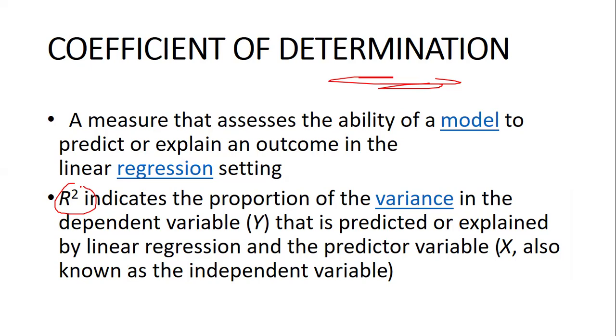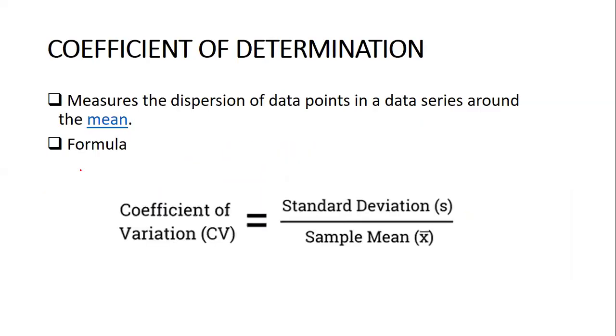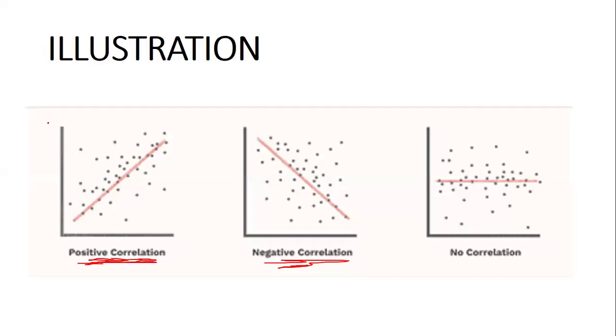So 60% of the changes in variable y are being affected by the changes in variable x. So the key point that you need to understand is variable x is the independent. Like the way we have these figures here, so this is x.